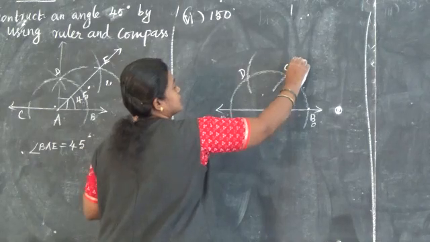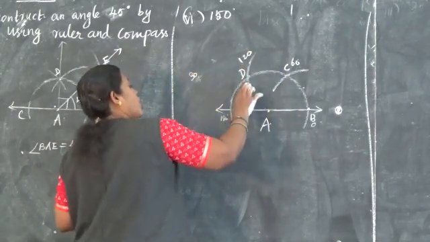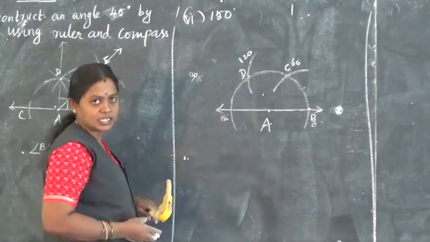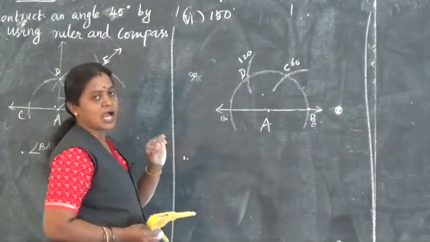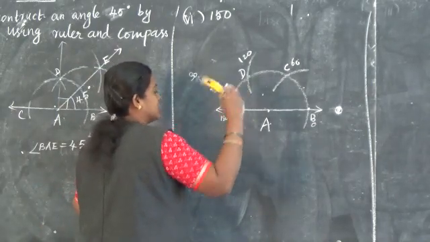0, 60, 120. We need one more 30. How much angle is this? 60 degree. Now also I am using angle bisector. Angle bisector, D as a center.